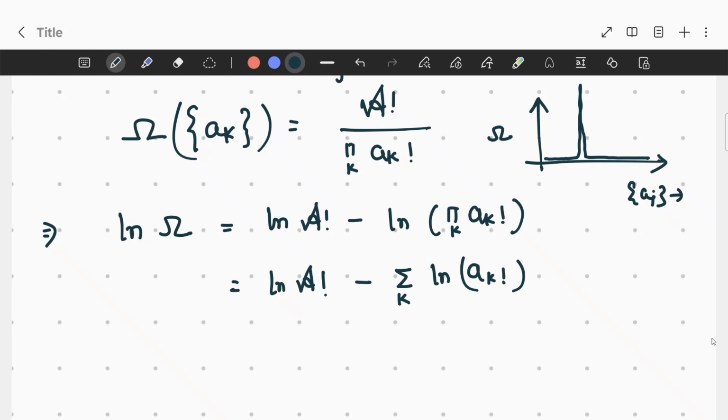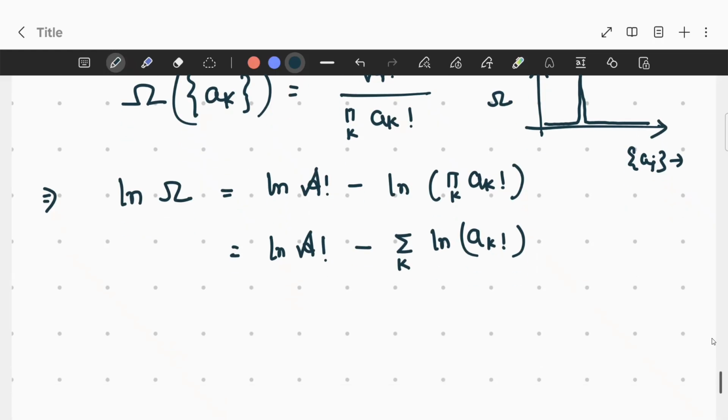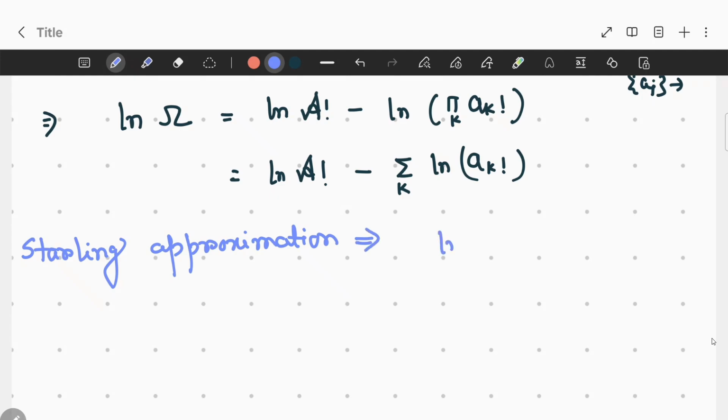Now, can we use Stirling's approximation? Yes, we have to use the Stirling approximation. Where will we use it? In both cases we can use it. What is the Stirling approximation? It is that ln x factorial can be written as x ln x minus x.